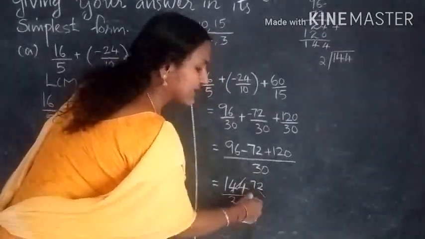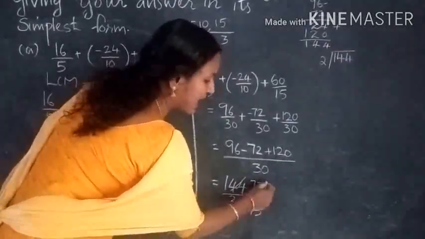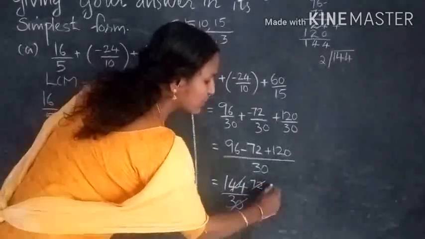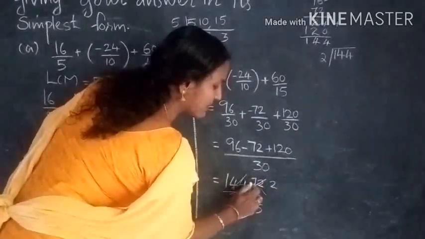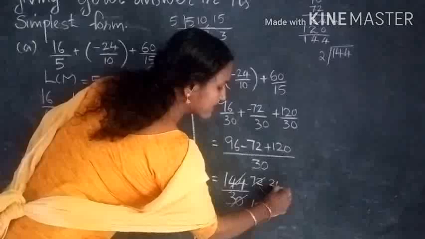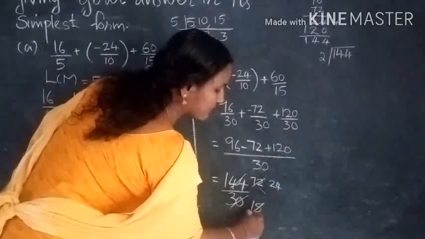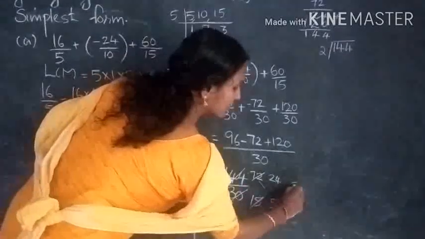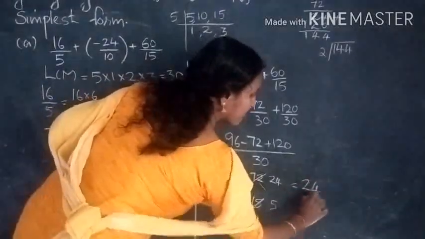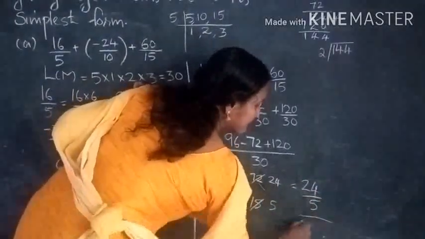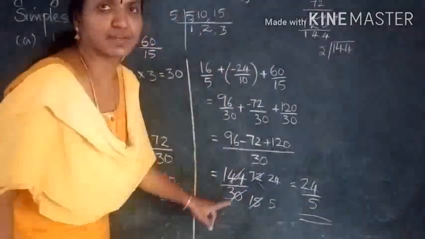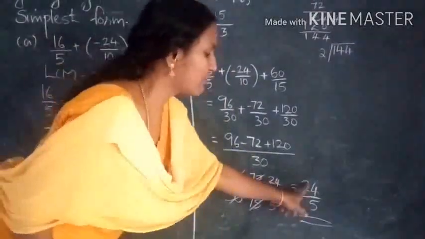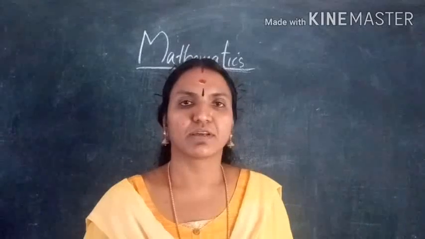Again 3 is common. So cancelling by 3. How many 3s are in 72? 2 3s are 6. Then balance on 12. 4 3s are 12. How many 3s are in 15? 5 3s are 15. Is equal to 24 by 5. The simplest form of 144 by 30 is 24 by 5.